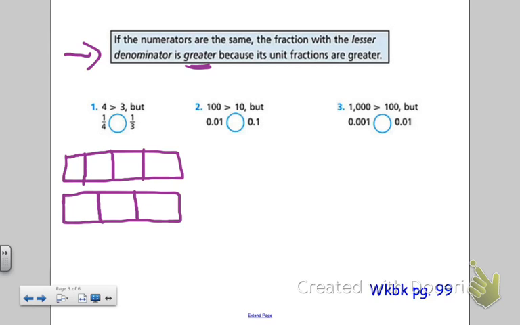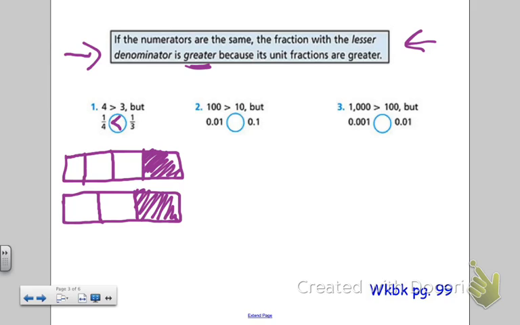Well, watch what happens when I shade in 1/4 and when I shade in 1/3. Which one is actually greater? If you look carefully enough, you will see that 1/3 is actually greater than 1/4, or 1/4 is less than 1/3. That's because of this rule here.